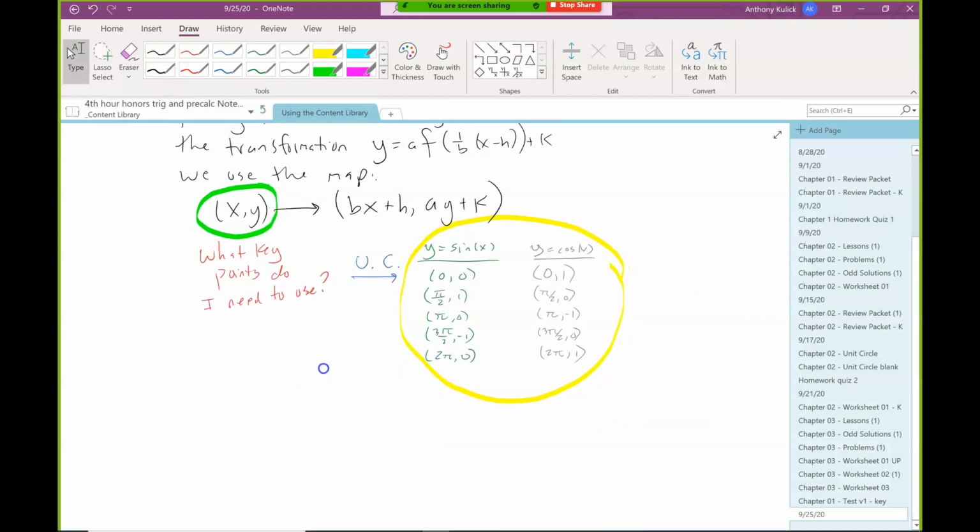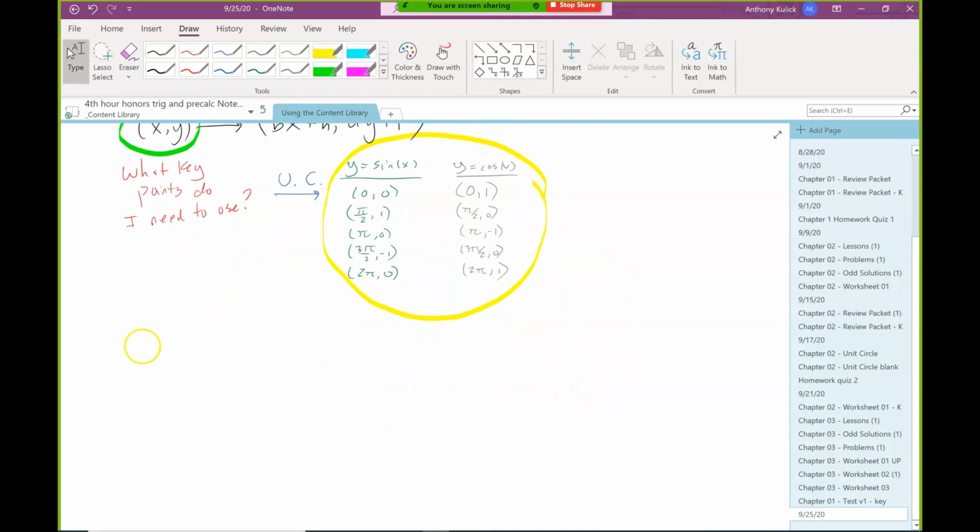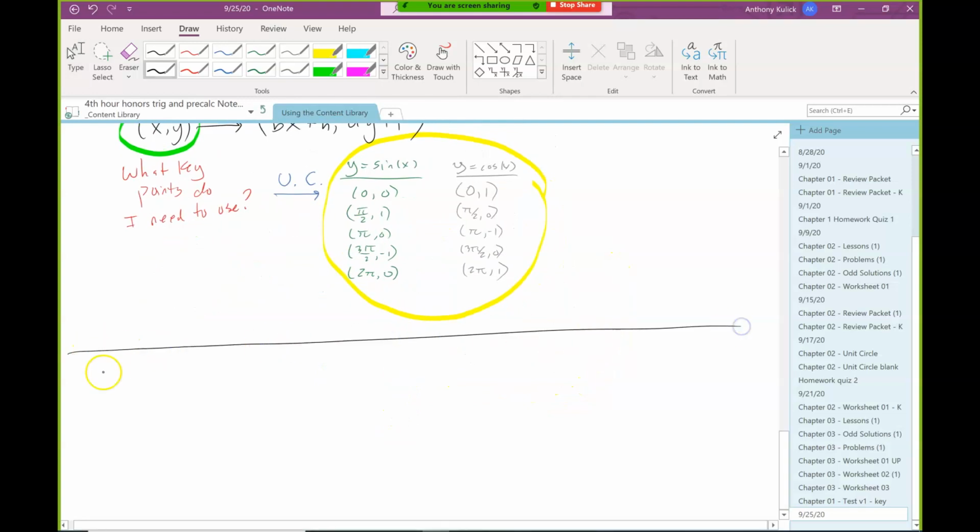So let's do a little example here. Let's say we want to graph y equals negative 4 sine of 2x plus 1.